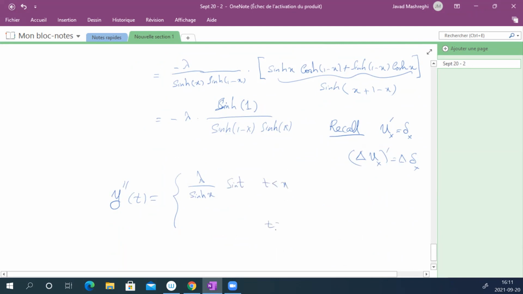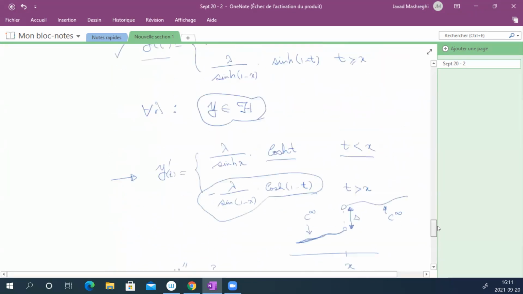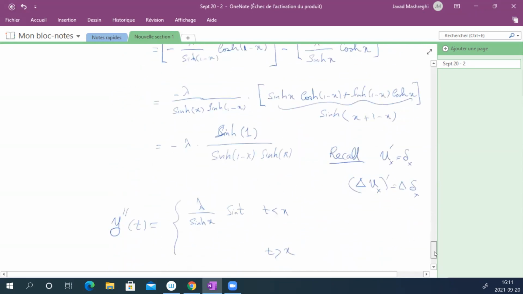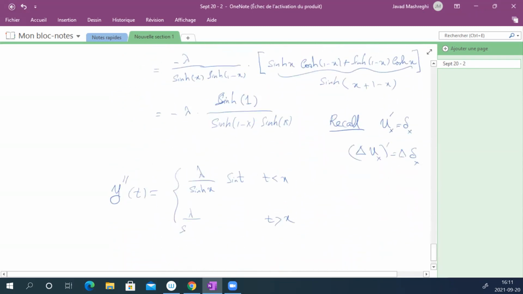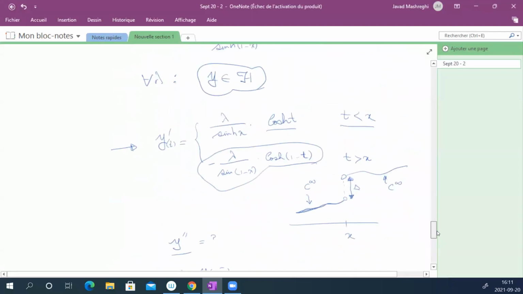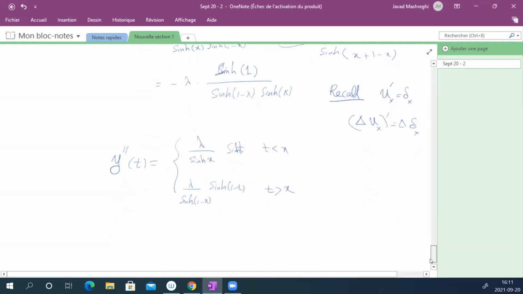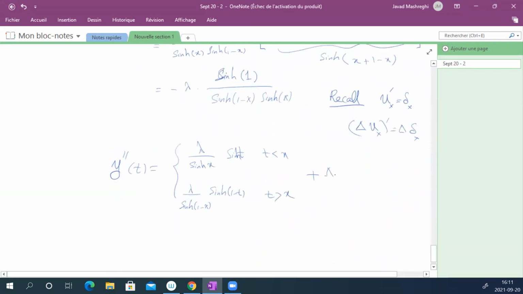For t bigger than x, it is the derivative of this part; with the minus here, it becomes plus. So it's lambda sine hyperbolic 1 minus x sine hyperbolic 1 minus t. That's not the end. That's the derivative of the right side and left side, but there is a jump. So you have plus delta x.